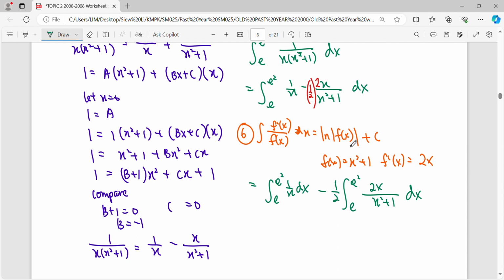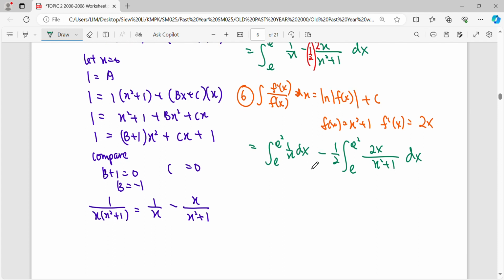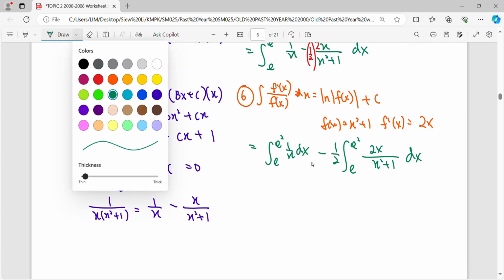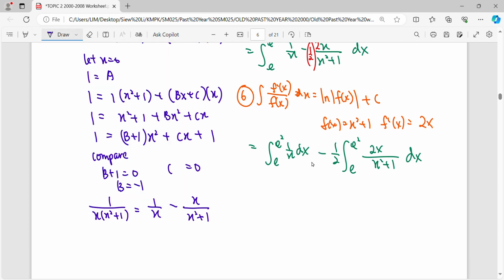We use the special form formula, so integrate that. Integrate 1 over x gives ln. Integrate f prime x over f x also gives you ln.